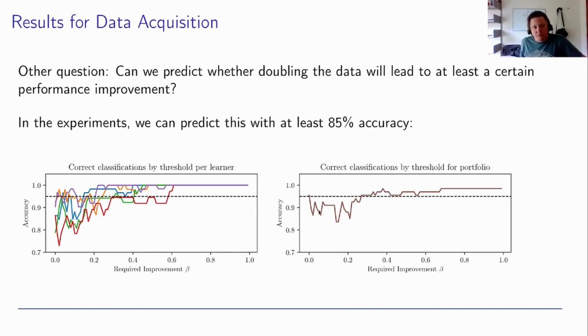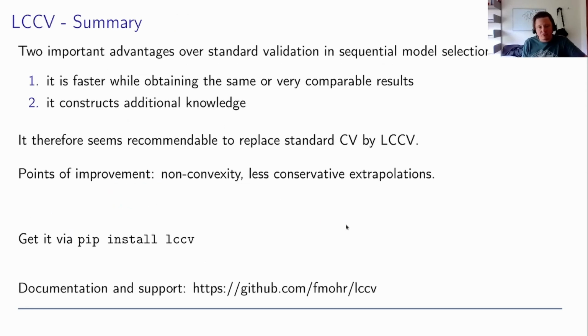And in fact, we can see that using these learning curves, one is quite able to predict whether these additional data, here in this case we ask whether doubling the data would help improve the performance by at least some factor. Even in the worst case, we can predict that with an accuracy of 85%. So it's a quite useful tool to also give these kinds of insights into the usefulness of further data acquisition.